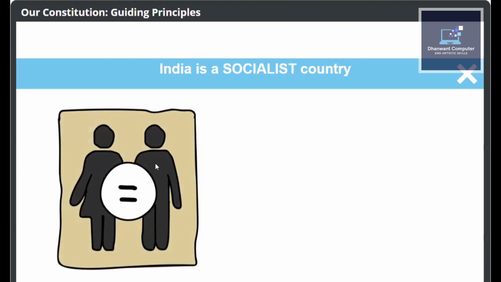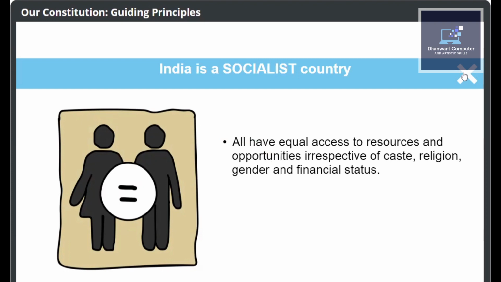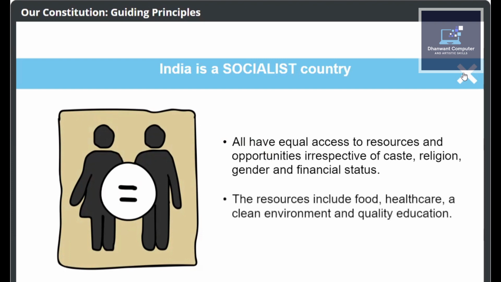It means that all have equal access to resources and opportunities, irrespective of caste, religion, gender, and financial status. The resources include food, healthcare, a clean environment, and quality education.